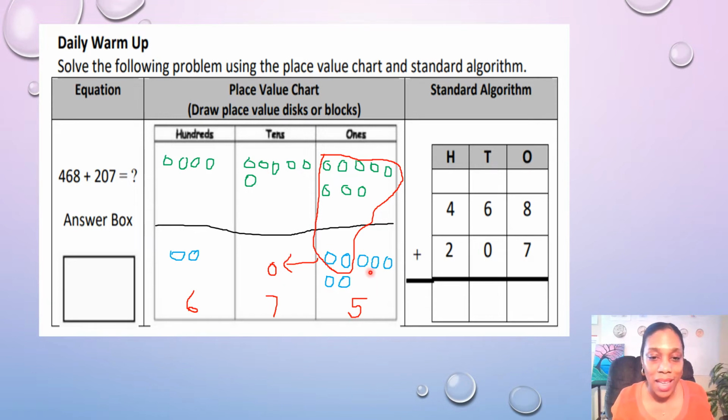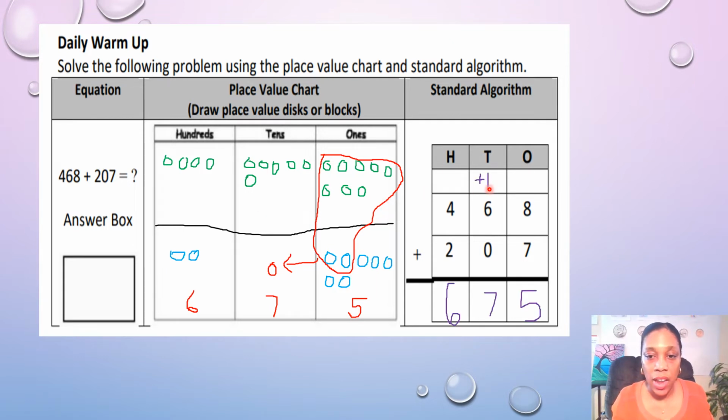How many do I have left? I have 5. Next, I go to the tens place. If I add 6 tens plus 1 ten, I have 7 tens. Next, I go to the hundreds place. When I add 4 hundreds plus 2 hundreds, I end up with 600. Now, let's move on to the standard algorithm form.